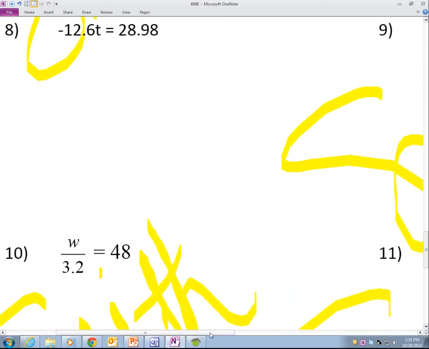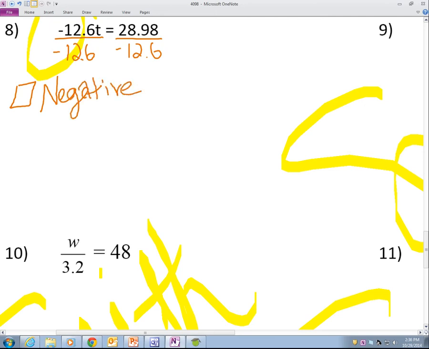Right now we have t being multiplied by negative 12.6, so I divide by negative 12.6, and I know because of this that my quotient is going to be negative. So now I set it up. 12.6 divided by 28.98.